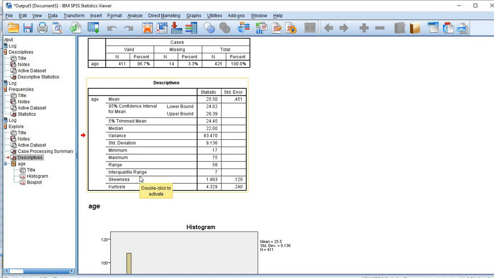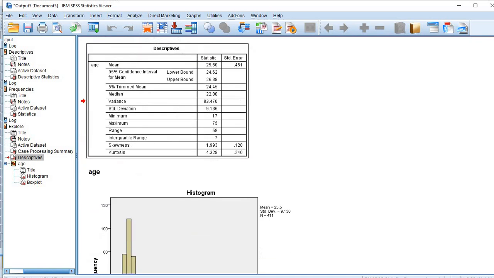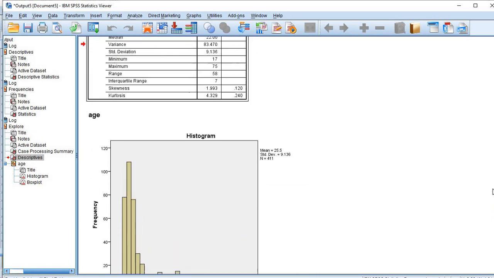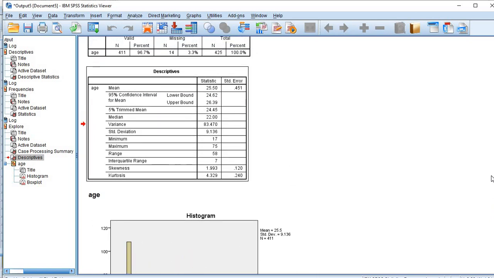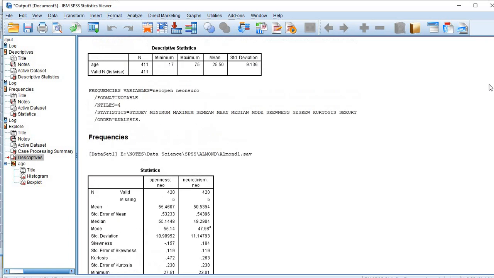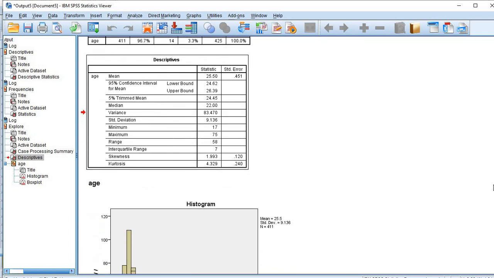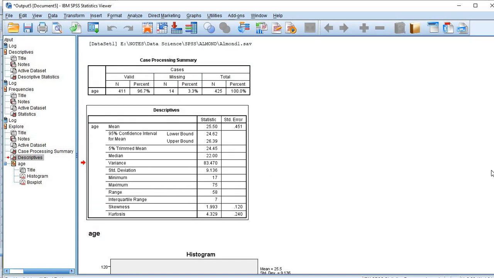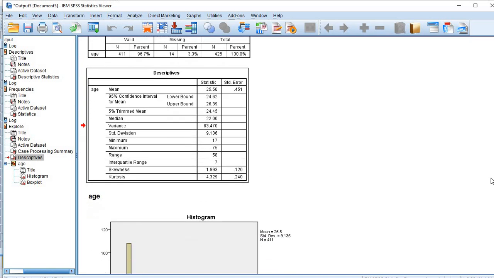Again, of course, we have talked about the skewness and the kurtosis, so there is not much to say about them. Now, depending on the version of SPSS we are using, something was supposed to be displayed here, but it is not displayed.